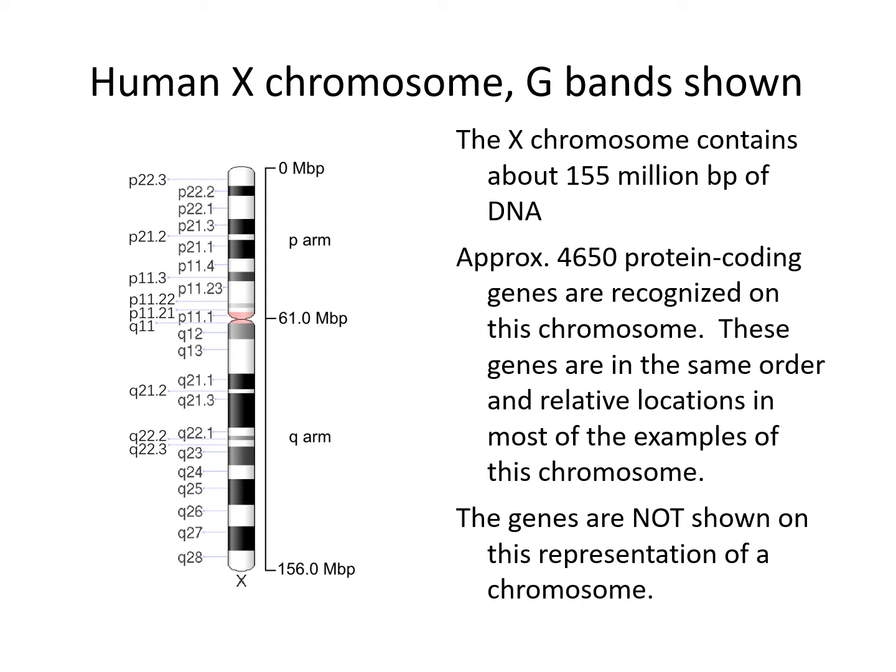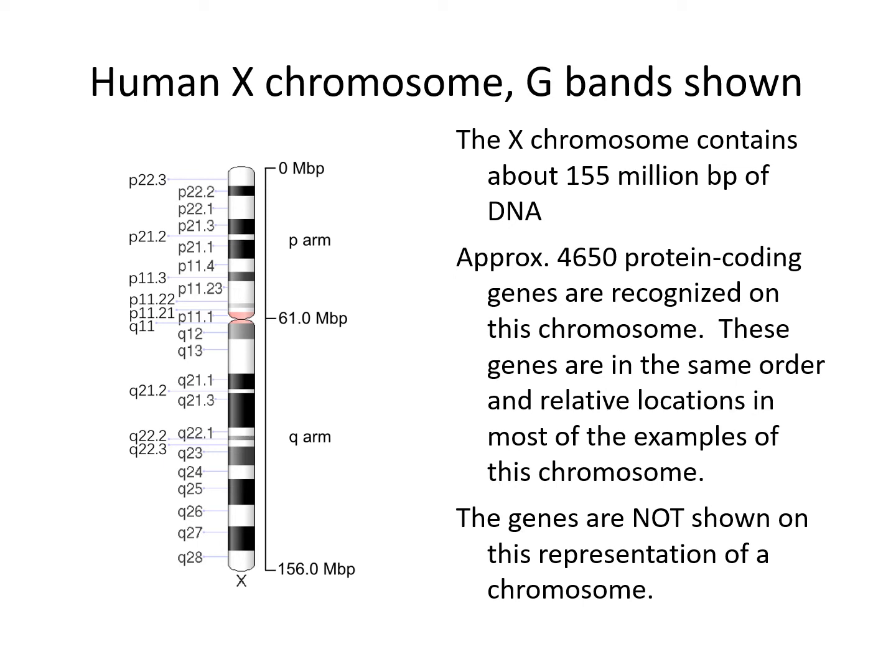Here's an example of a human X chromosome showing the G-banding patterns like we saw last time. Okay, it's hard to imagine that this chromosome actually contains about 155 million base pairs of DNA, and within all that DNA, there's only approximately 4,650 protein coding genes.